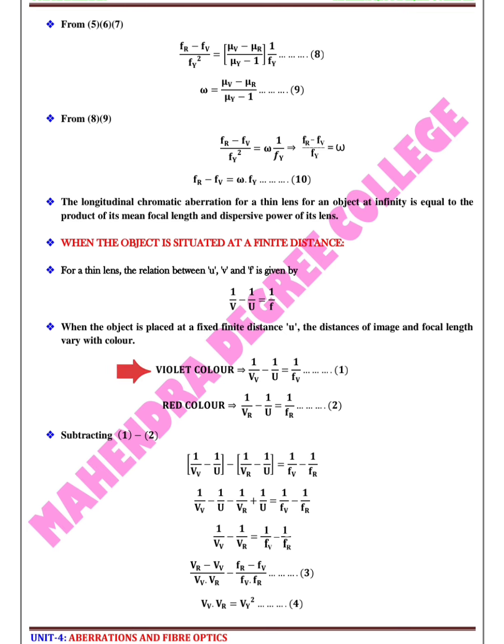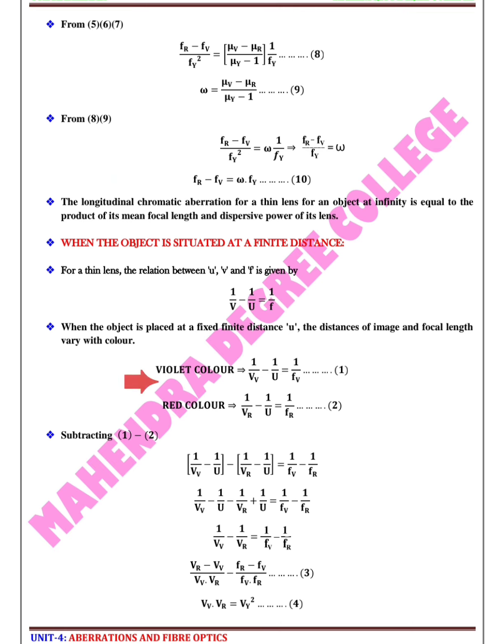The basic lens formula is applied for violet and red light. For violet light, 1 by Vv minus 1 by u equals 1 by Fv. This is the equation number 1.